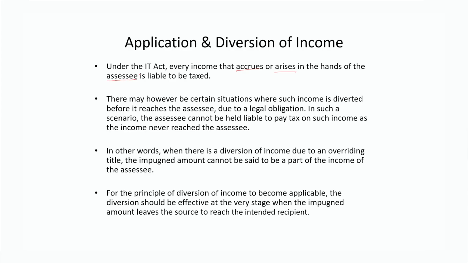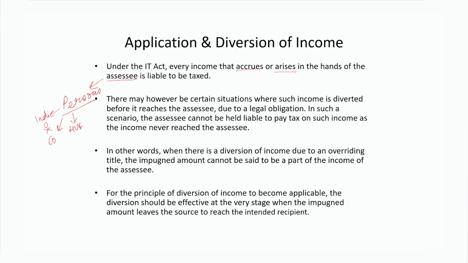Now who can be these assessees? Assessees can be all those people that we have referred to as persons, right? So this assessee could be a company, this assessee could be an HUF, this assessee could be an individual, right? So an individual like you and I. So all of those 7 categories of persons that we have looked at. There may, however, be certain situations where such income is diverted before it reaches the assessee due to a legal obligation.